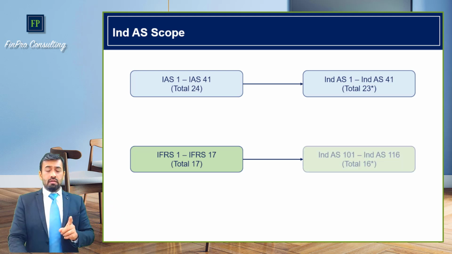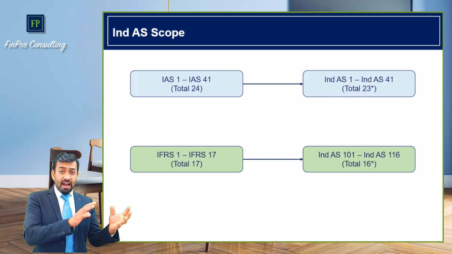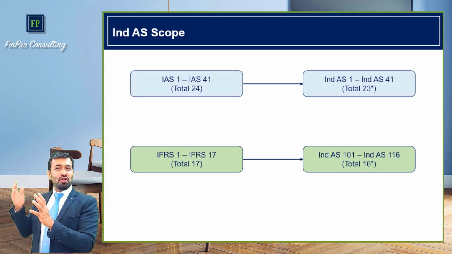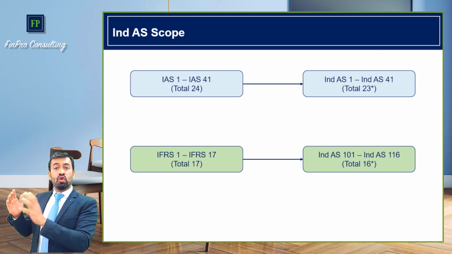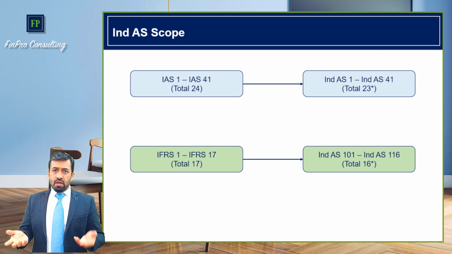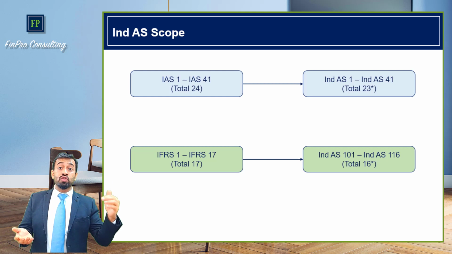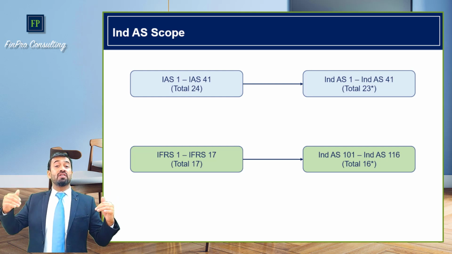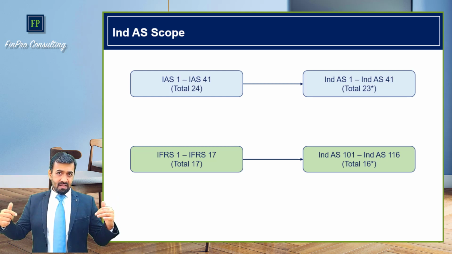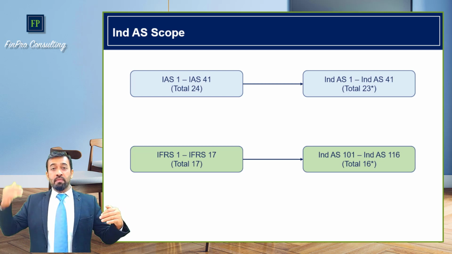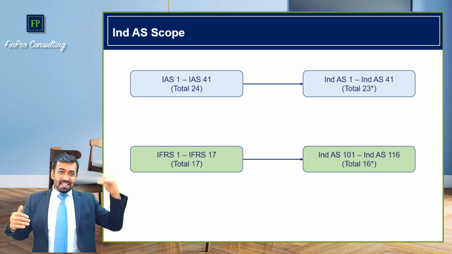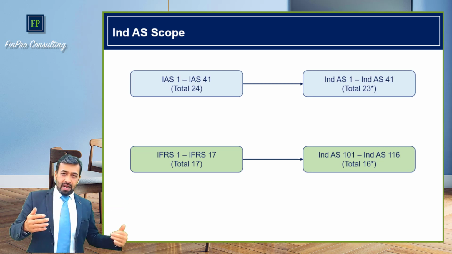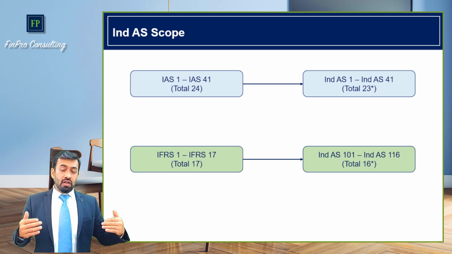So for IFRS 1, we have gone for Ind AS 101. For IFRS 2, we have gone for Ind AS 102. Names are the same. IFRS 1 is first time adoption of IFRS, Ind AS 101 is first time adoption of Ind AS. IFRS 2 is share-based payment, Ind AS 102 is share-based payments. IFRS 9, for example, I'm jumping directly to IFRS 9, is financial instruments.